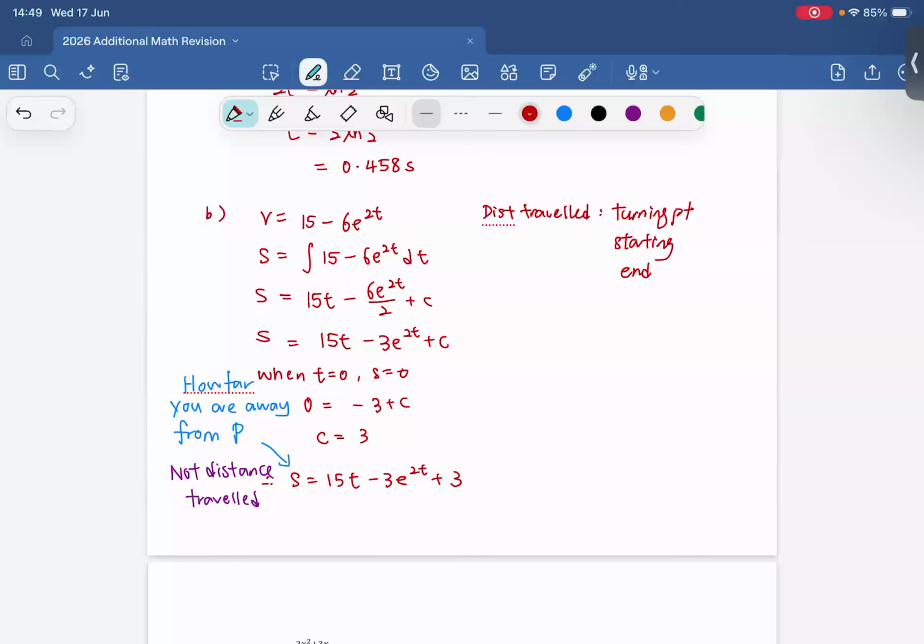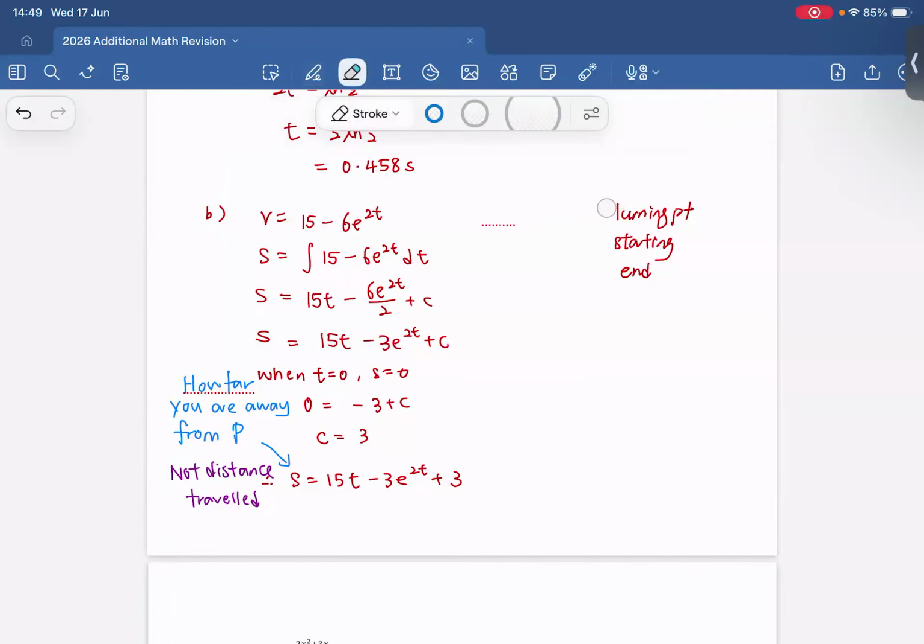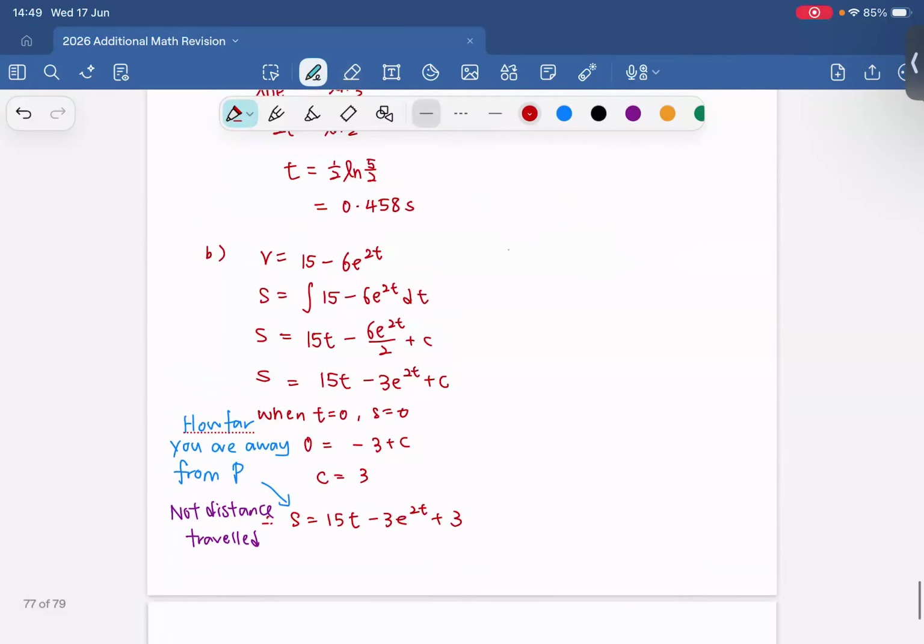We know that at the starting point, the object is 0 meters away from P. Now we need to find the turning point and the ending point at 1 second. When t is half ln 5/2, this is where the object turns. We need to calculate the s value.